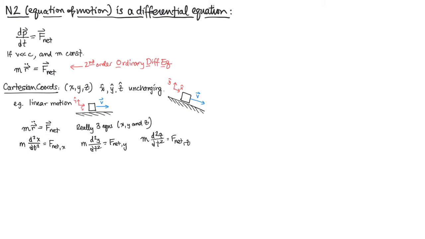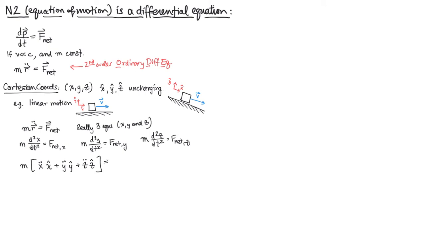Okay. Equivalently, we could write this as the mass m times this collection of expressions, x double dot in the x direction, y double dot in the y direction, and z double dot in the z direction, because this thing in square brackets is r double dot, right? This is r double dot.